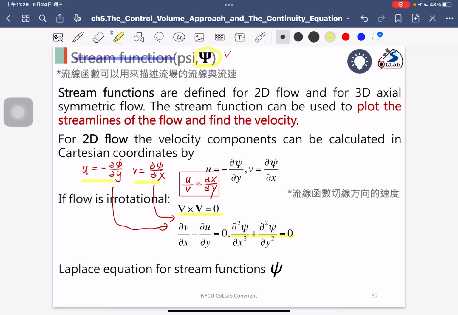The Laplace equation is the second differential equal to 0. Okay? So that's the idea. If your flow is irrotational and psi is a stream function, the stream function will satisfy the Laplace equation. That is the idea I would like to emphasize here.